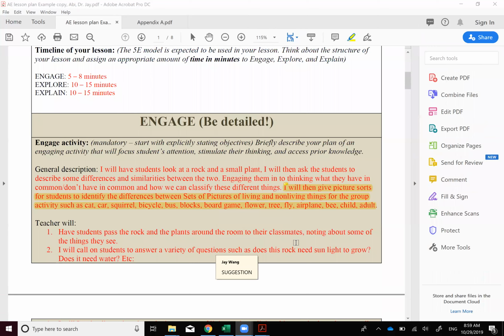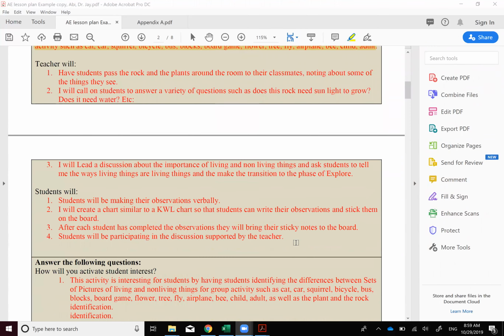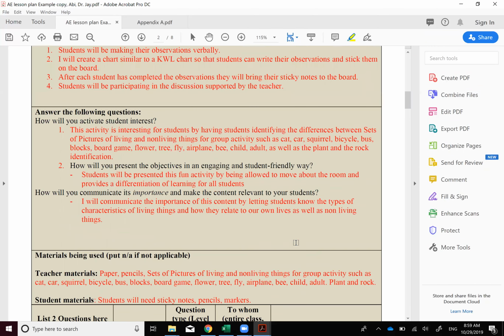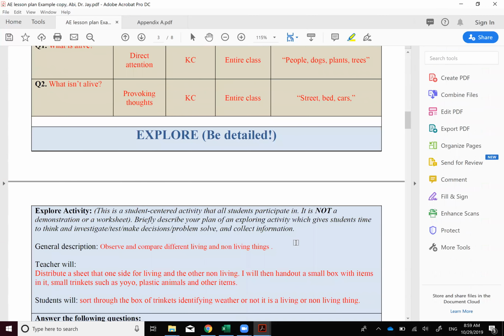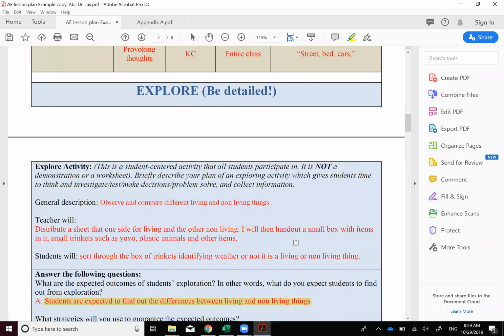into the activity in Explore, because in Explore, I think you have something: observe and compare different living and non-living things. So you have a yo-yo, plastic animals, and other items.